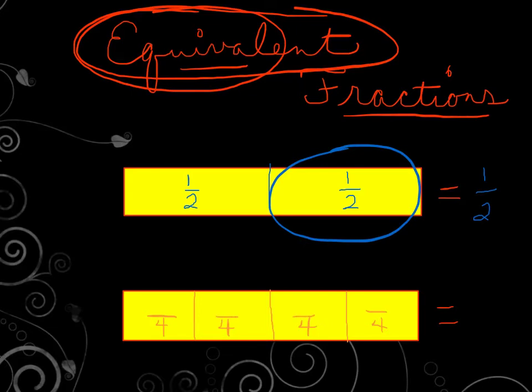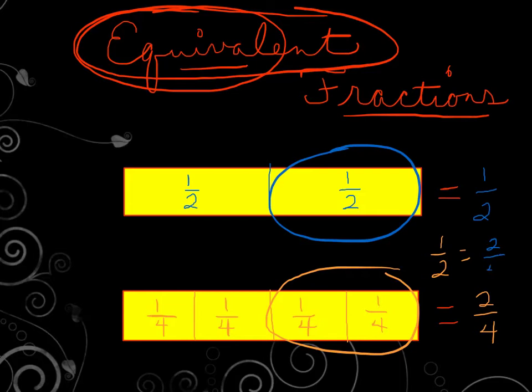And this is 1 piece, this is 1 piece, 1 piece, and 1 piece. Now I want to circle the same amount I did up there because I want to make an equivalent or an equal fraction. So now I bet you can guess, how many fourths do I have? Well, I have 2 fourths now. And just so you know, 1/2 is equal to, you guessed it, 2 fourths.